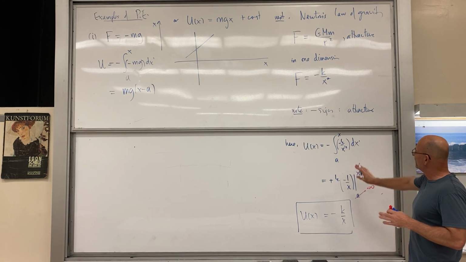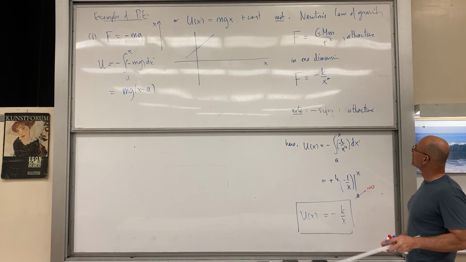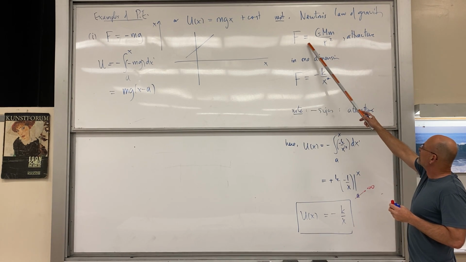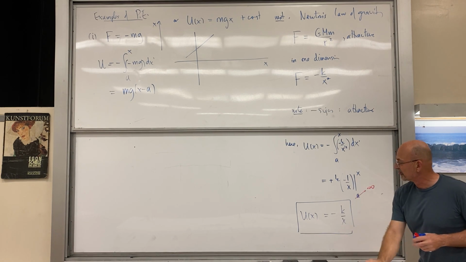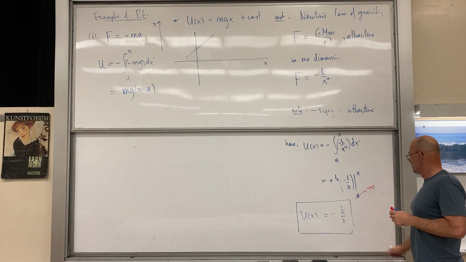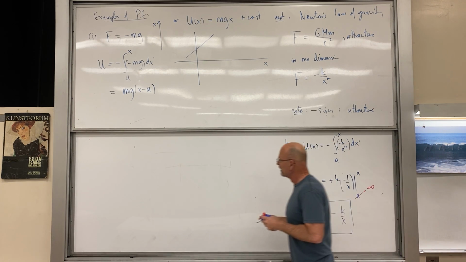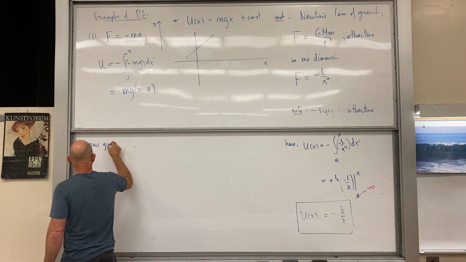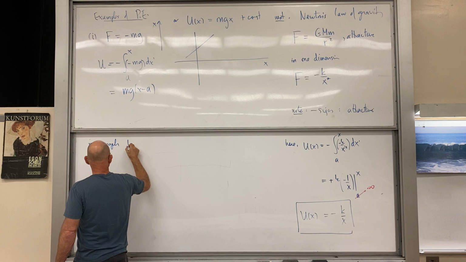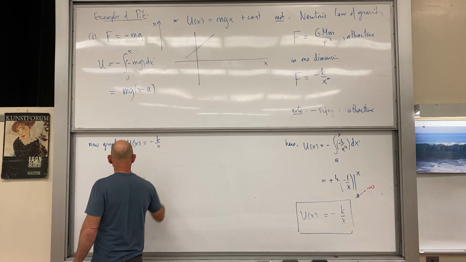Right now it says point masses, and apparently the center of potential is also at the origin, so we're going to have to talk about that a bit. But the next thing to do is graph this. So now graph U of x equals minus k over x.